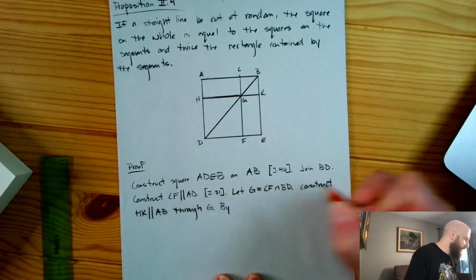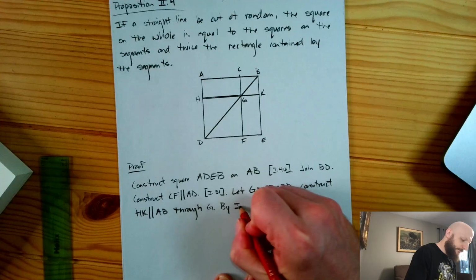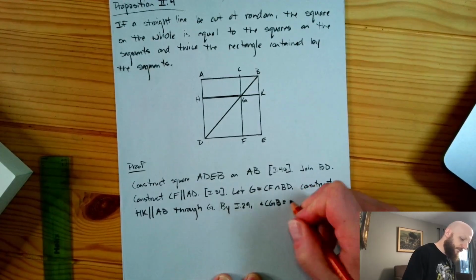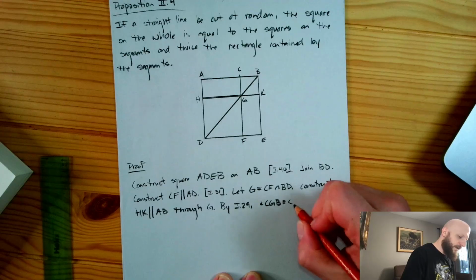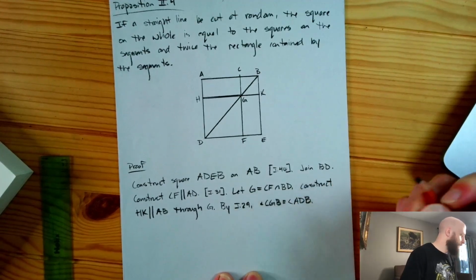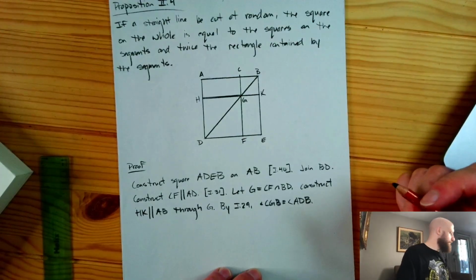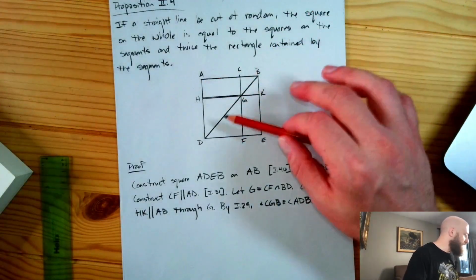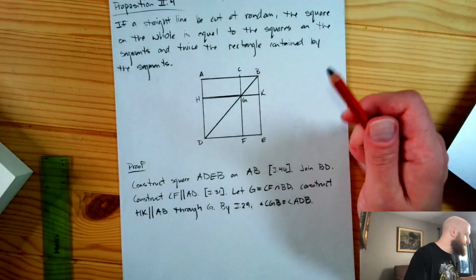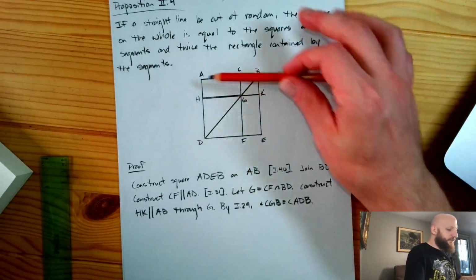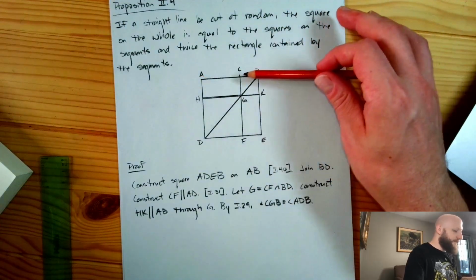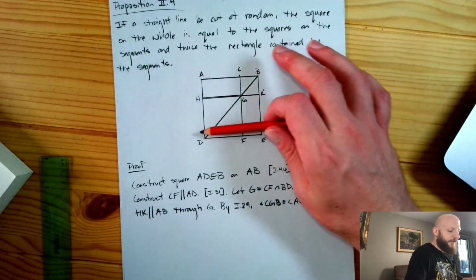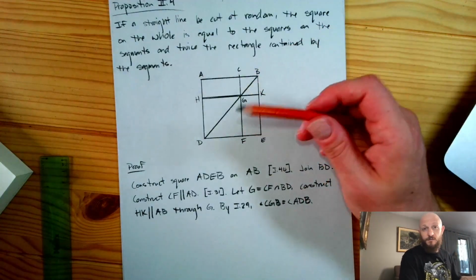And that was by Prop 29. Right. But also, ADB is equal to the angle ABD. Why? Well, because we have that BA is equal to side AD. So ADB forms an isosceles triangle, and we know that the angles at the base of isosceles triangles are equal.